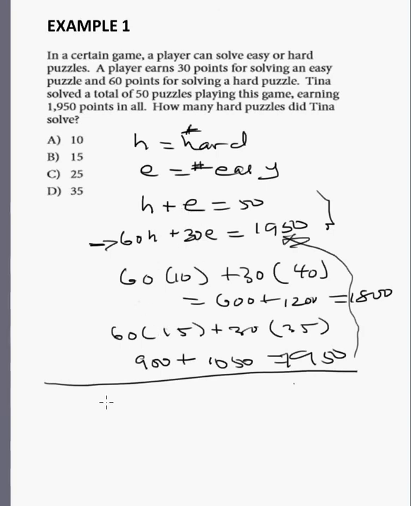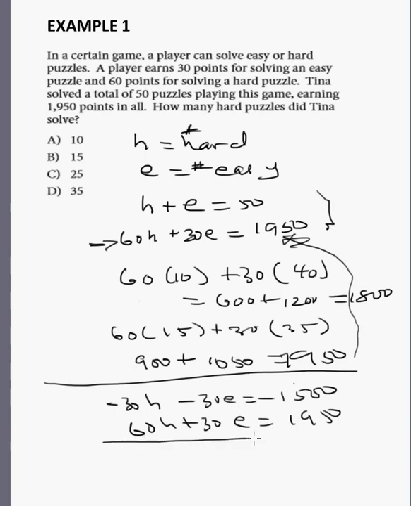So that equation becomes negative 30H minus 30E is equal to negative 1500, and this will be 60H plus 30E will be equal to 1950. When you add these two together, we get 30H plus 0 is equal to 450.